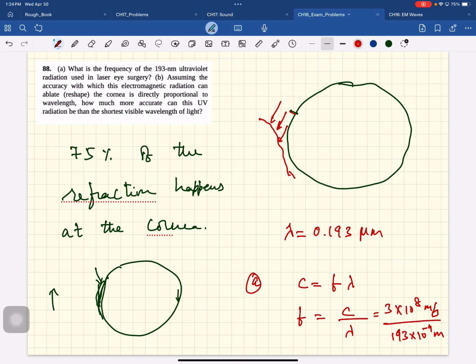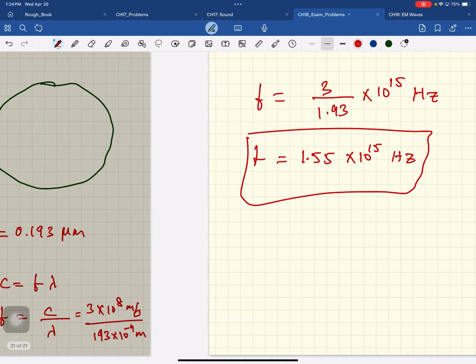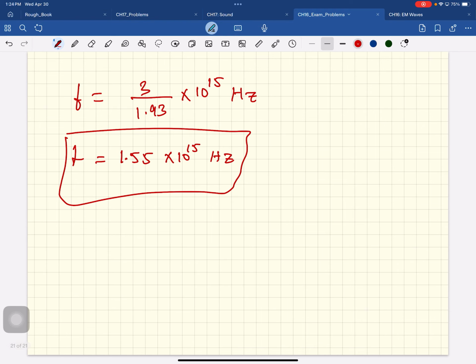Assuming the accuracy with which the cornea is ablated is directly proportional to the wavelength, how much more accurate can this UV radiation be than the shortest visible wavelength of light? The shortest visible wavelength is blue, about 400 nanometers.